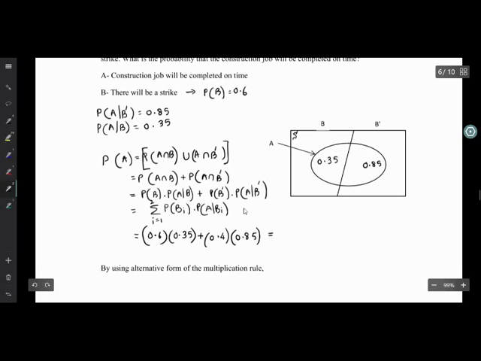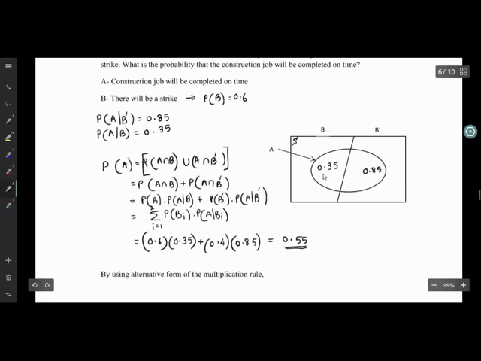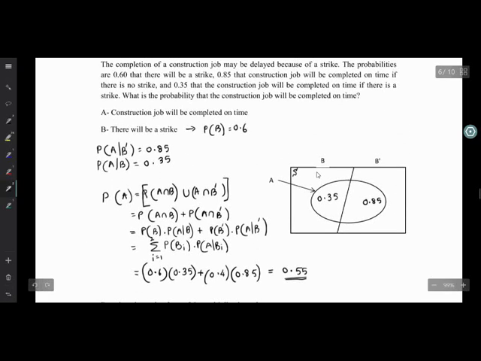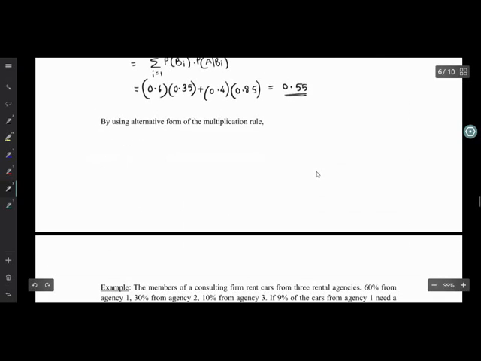So if you do this calculation, you will end up with 0.55. Okay, if you want, you can use a tree diagram to answer this question also. So we'll do another example and see how we can get the tree diagram.